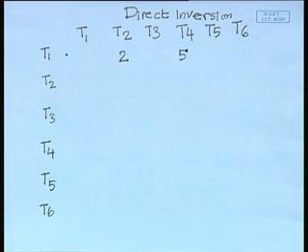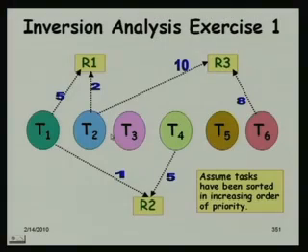Now let us look at the diagram again. Please look at what inversions T2 suffers on account of the other tasks, and then we will populate this table. Let us wait for the diagram to come up. The diagram has come up here.